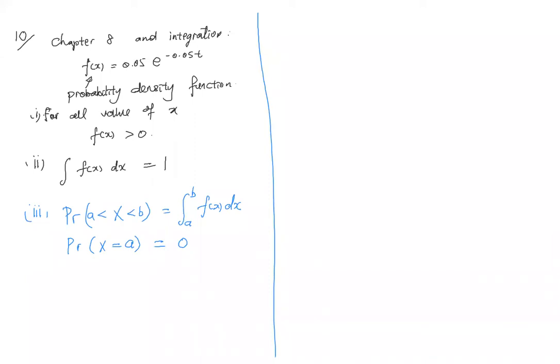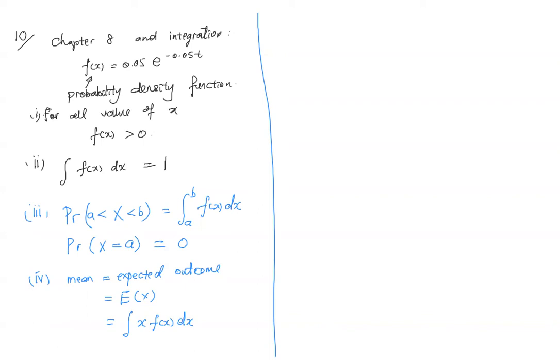Then another one is, you want to find the mean. What do you mean by mean? Expected outcome. And we use E to represent it. So to calculate, you integrate, depending on the limit and the function given, x fx dx.